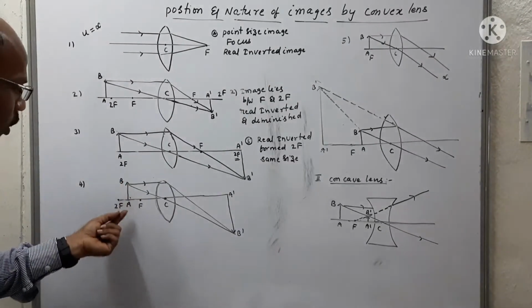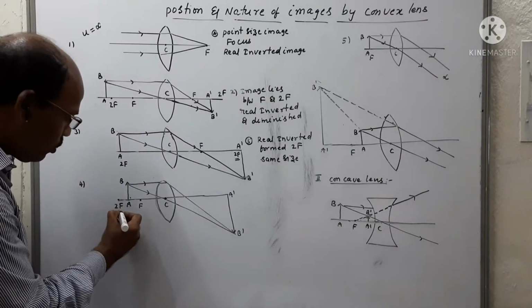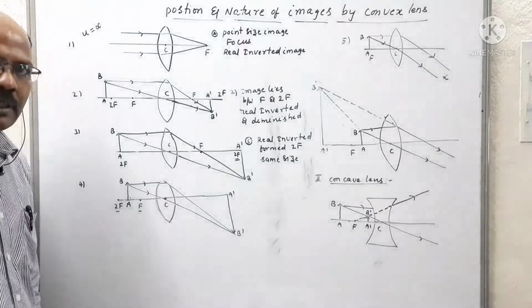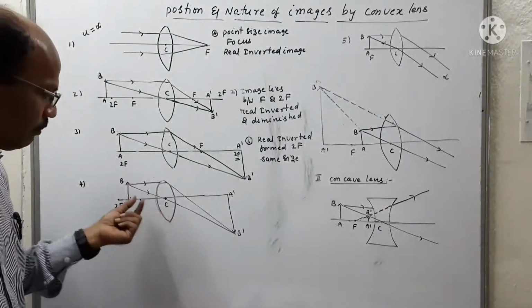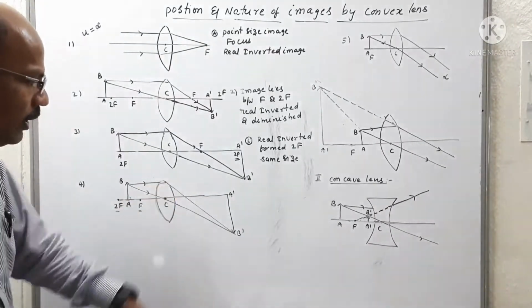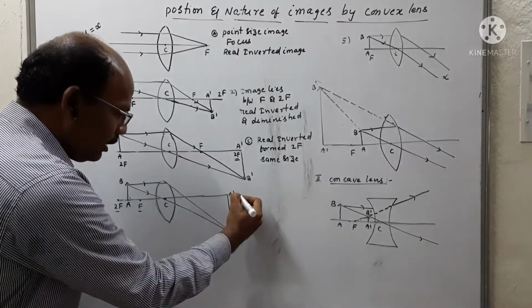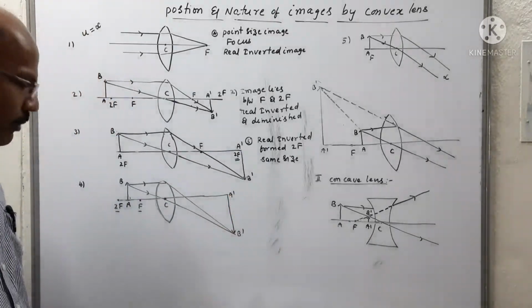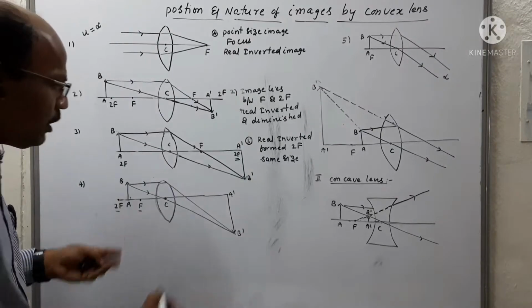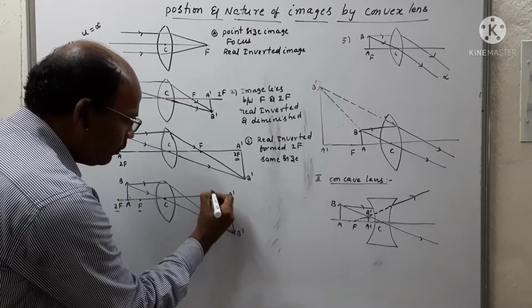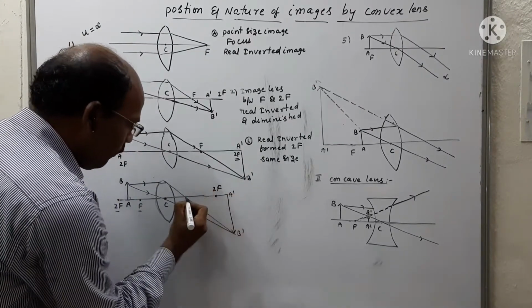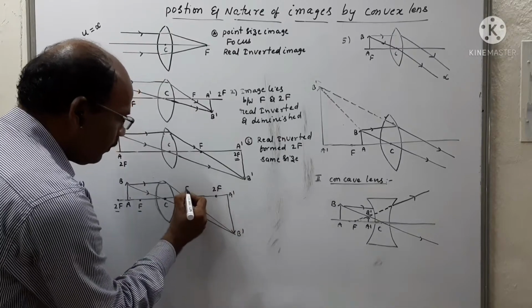When the object lies between 2f and f, then the image formed by the convex lens after refraction is A dash B dash, which lies beyond the 2f value. So this is 2f and this is f. Why?